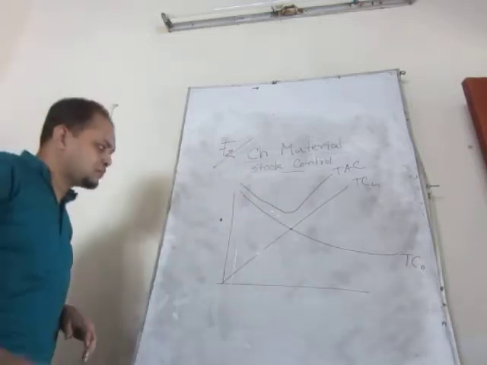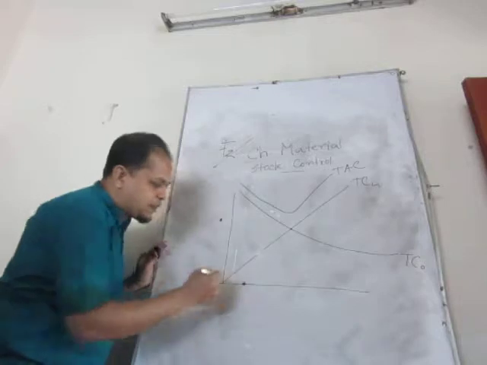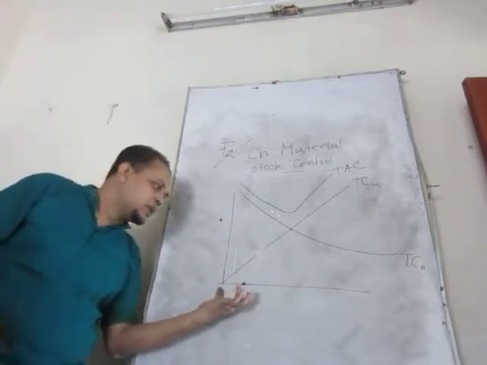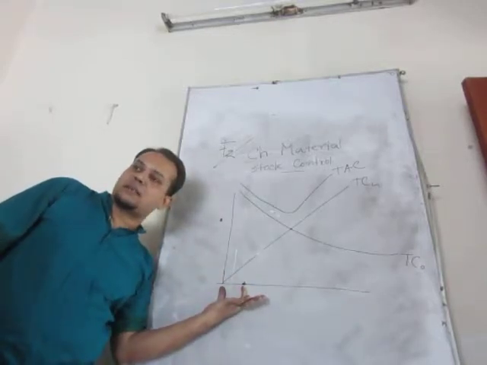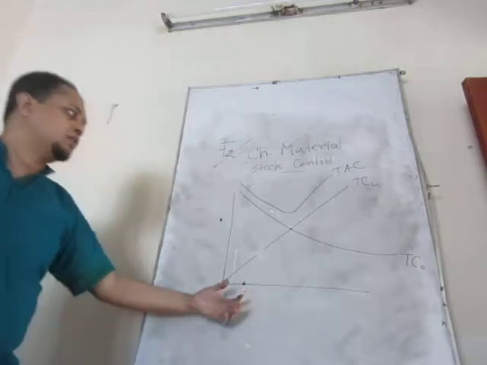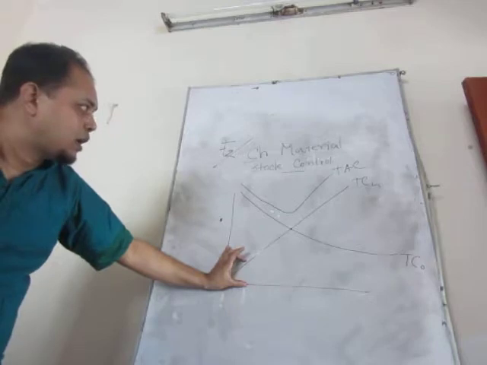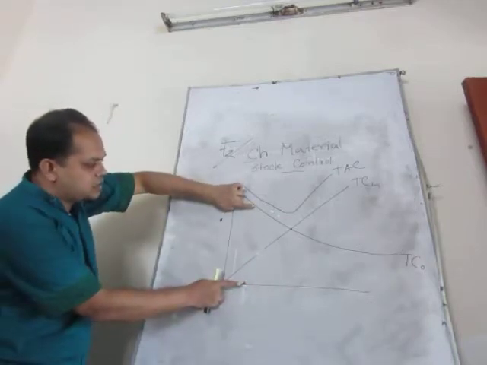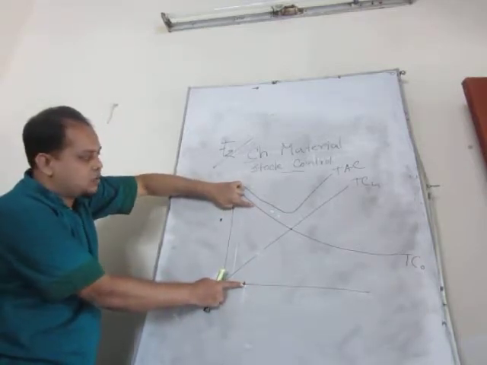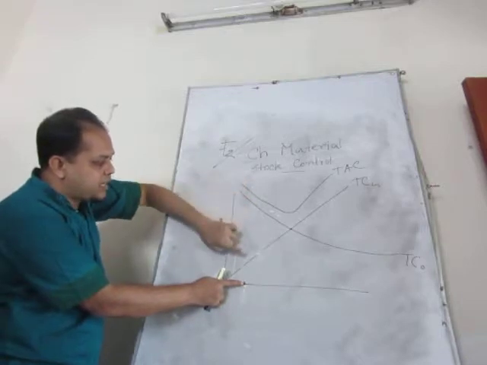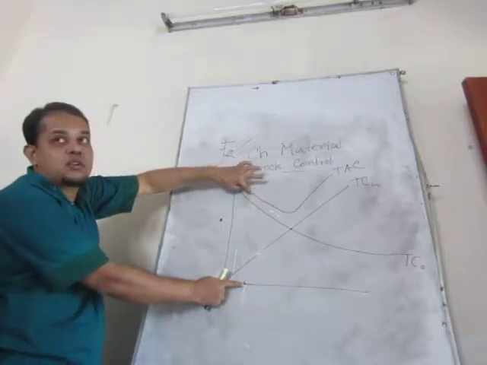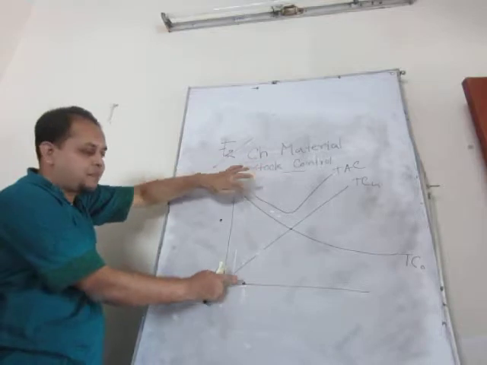See, if you think about this level, you are stocking this amount. Your stock holding cost is this much, and your ordering cost is this much. When you add up this much and this much, it will provide you the total cost this much, right?